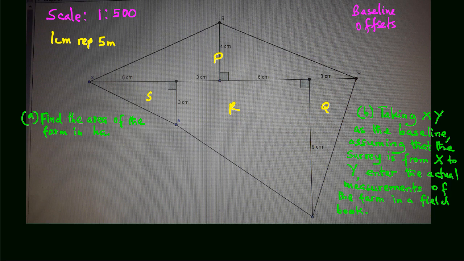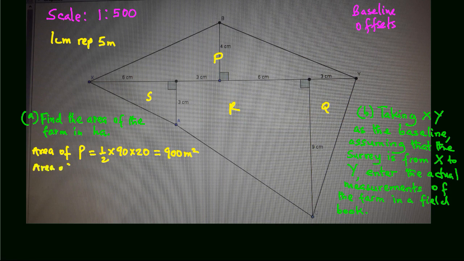So area of P will be a half of base, which is 90, times height 20. So we've converted those into meters. That gives us 900 square meters.